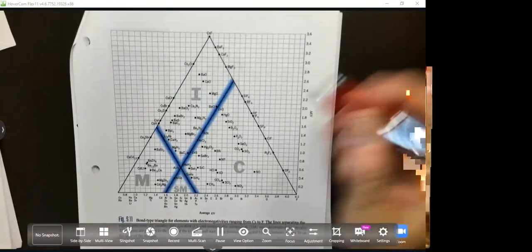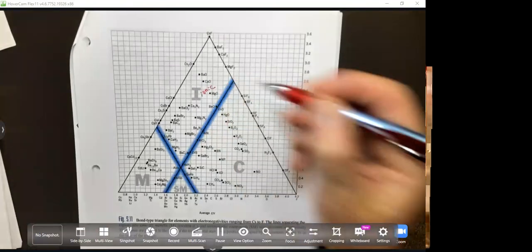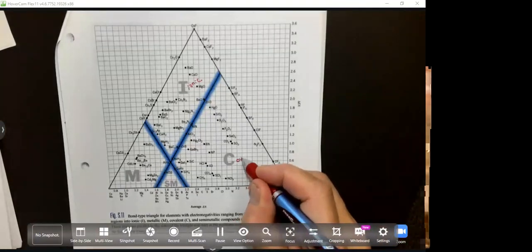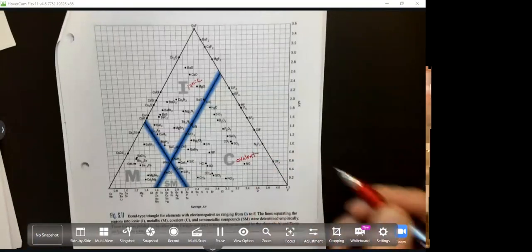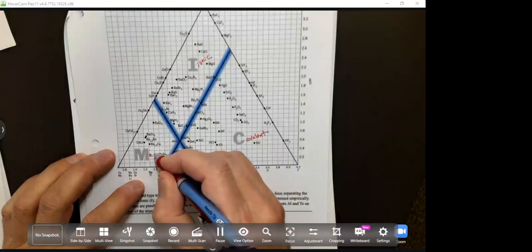On this bond triangle, this region here is ionic. This region here is covalent. This region here is metallic.